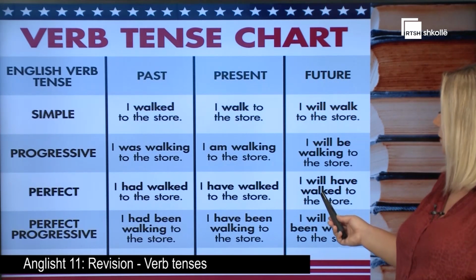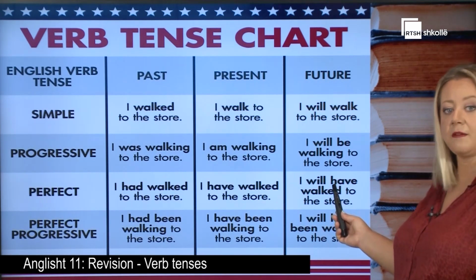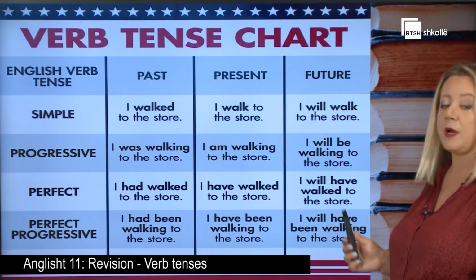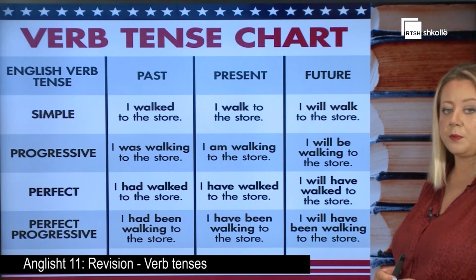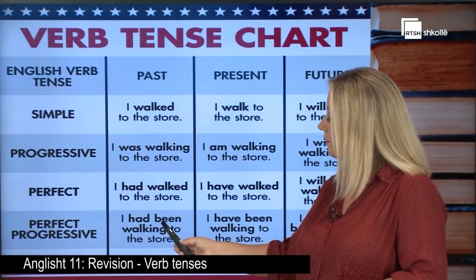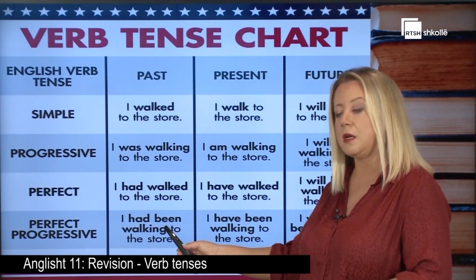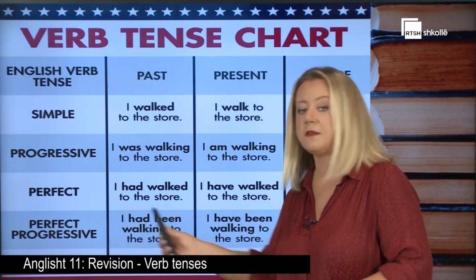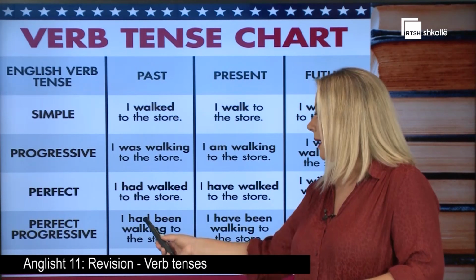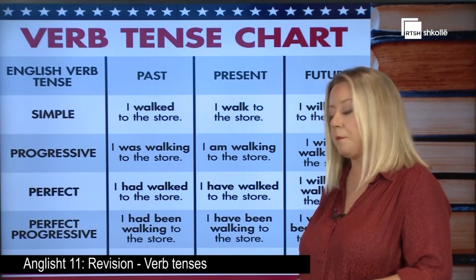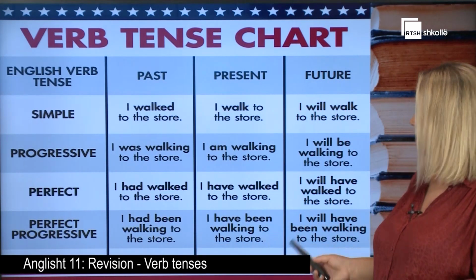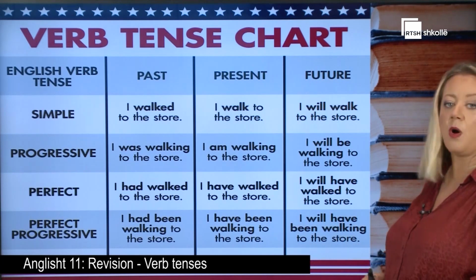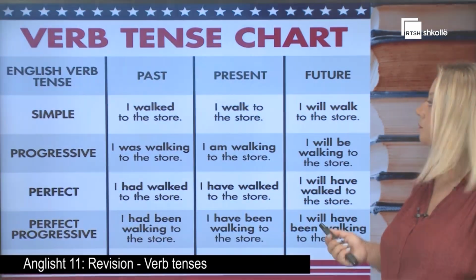And the future perfect is will have conjugated plus the past participle of the verb. Again, we have another form of the verb to be here to form the progressive perfect tense. Had been walking is the example, have been walking, and will have been walking for the future.